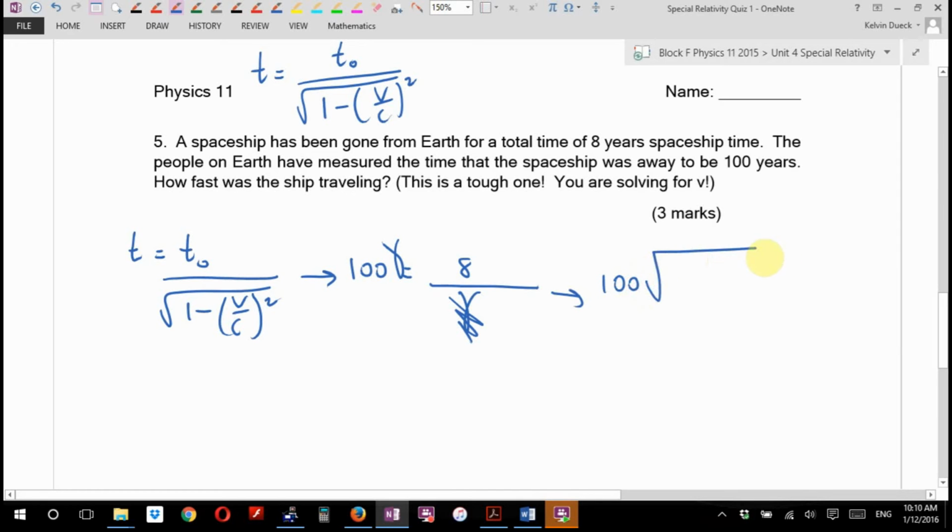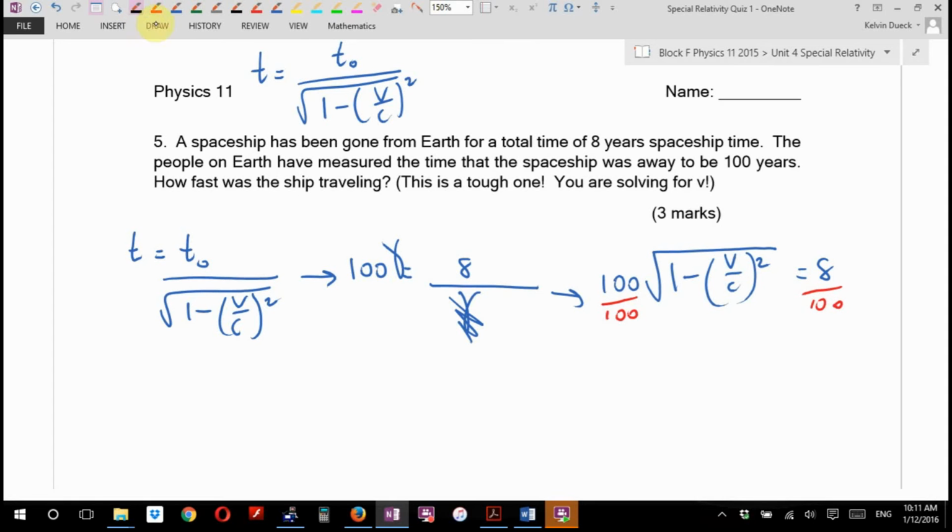100 square root of 1 minus v over c all squared equals 8. Now I'm going to divide by 100, divide by 100. Thankfully, I can do that in my head. 8 divided by 100 is 0.08.